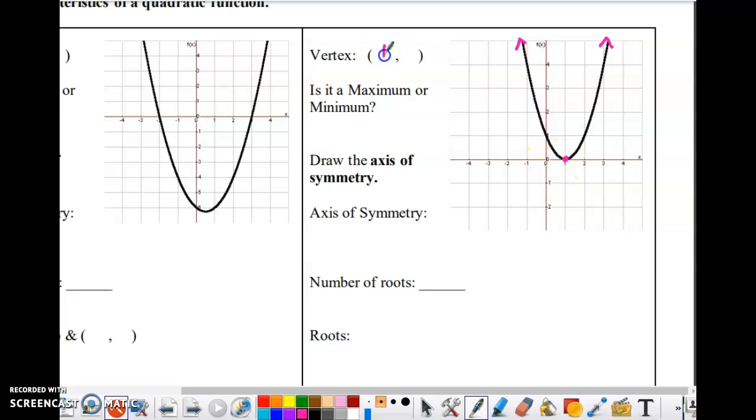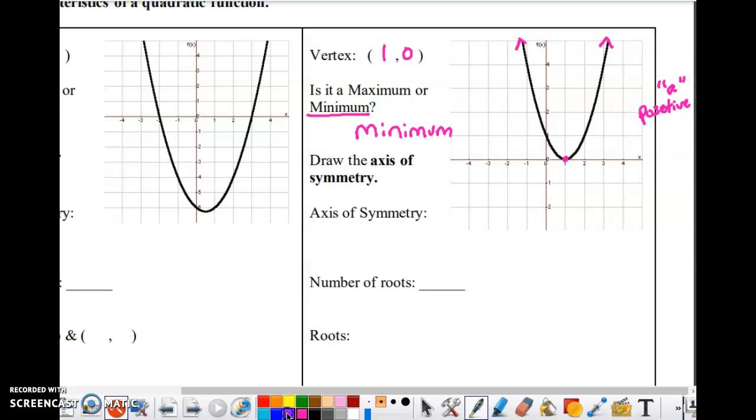So the vertex is at (1, 0), and it is a minimum. Also we can talk about the A. If it opens upward, this is a positive quadratic. That means the A has to be positive. Remember we talked about that the other day.